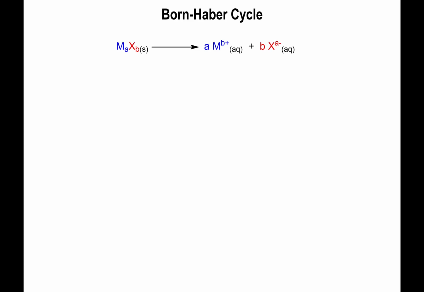Okay, so when it comes down to the solubility of a salt, we are in essence taking a solid neutral compound and splitting it up into the corresponding ions, which are solubilized in water.